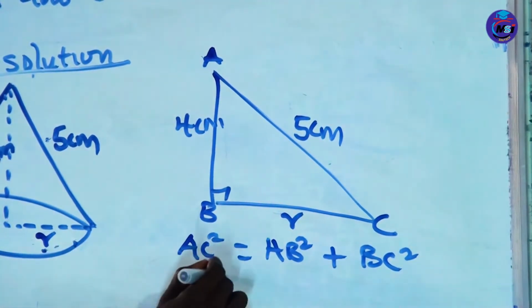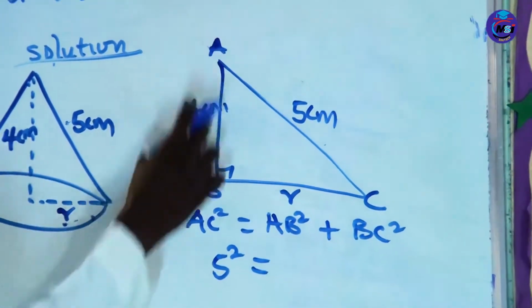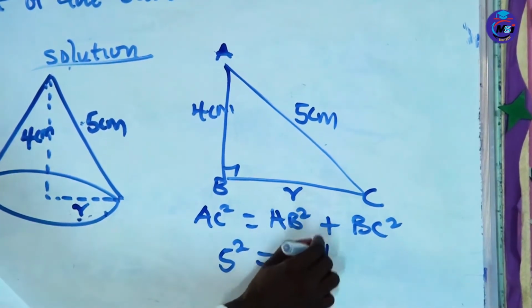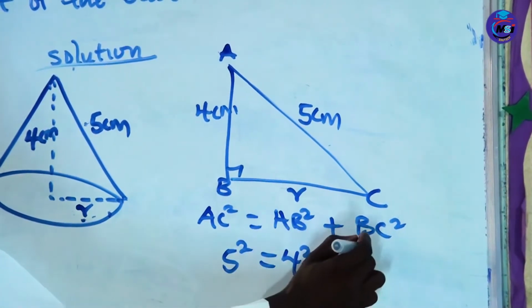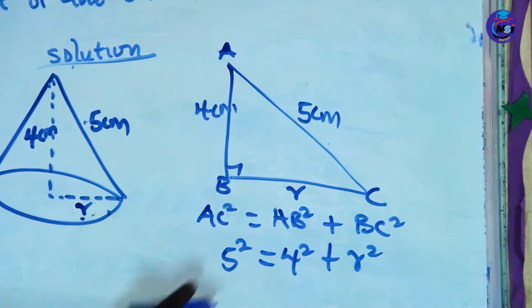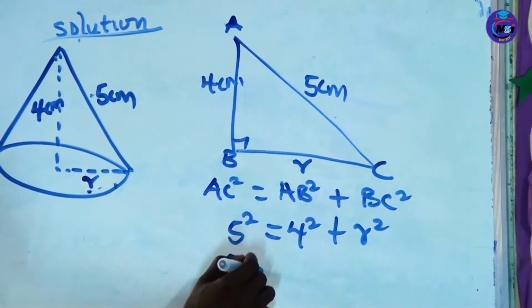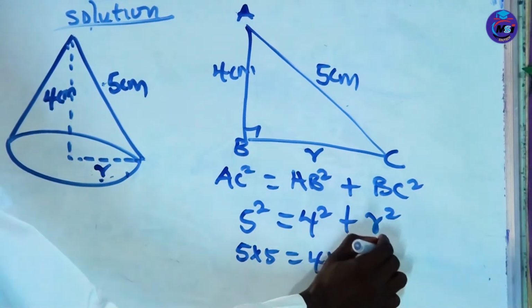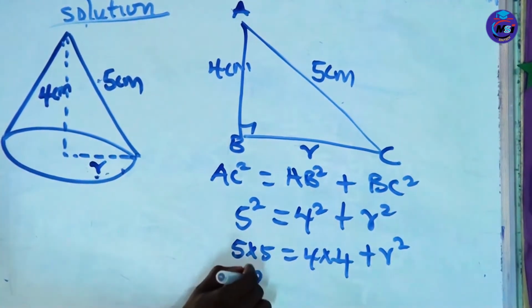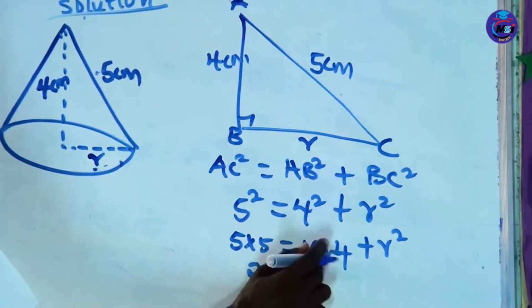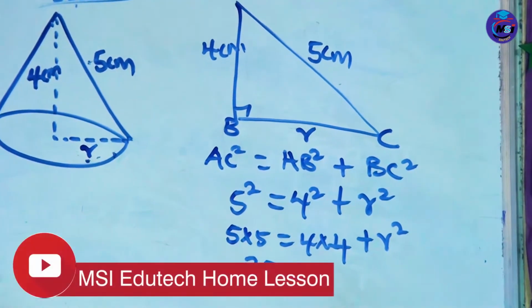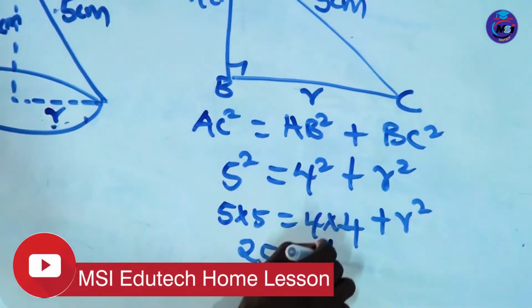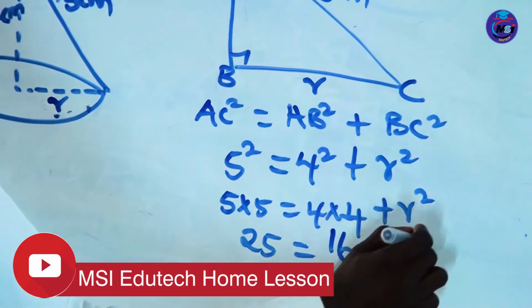It is 5 square equals to AB 4 square plus BC R square. This will give you 5 times 5 equals to 4 times 4 plus R square. This will give you 25 equals to 16 plus R square.